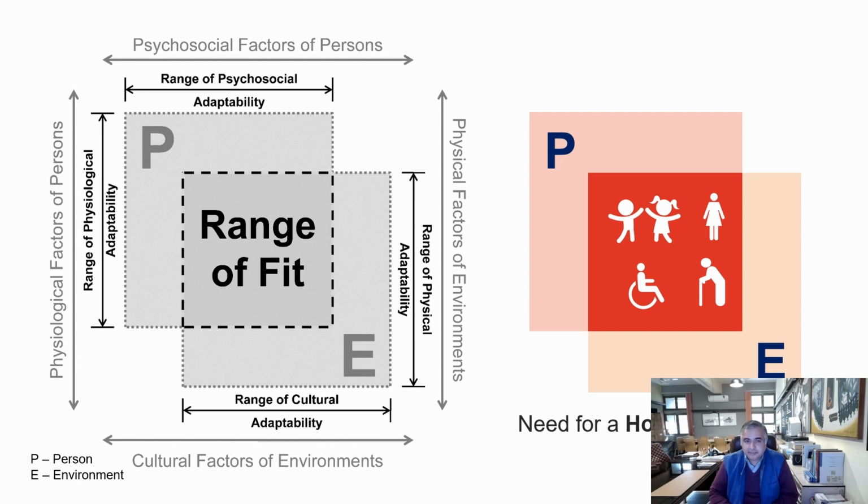People with vision impairments, people with hearing impairments would require a different kind of intervention as compared to somebody with a mobility impairment, likewise with a learning disability.